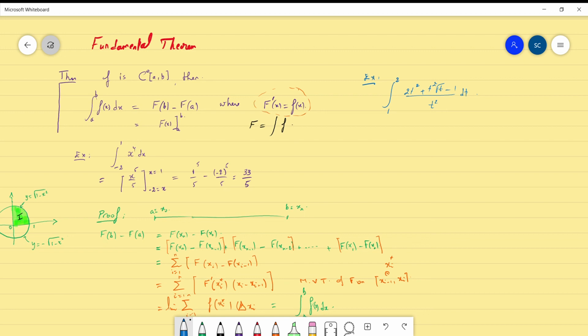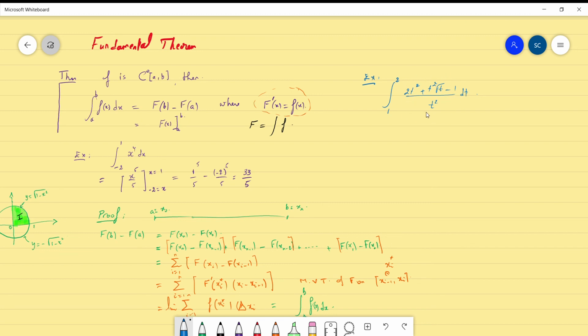So the idea is to apply the fundamental theorem and find an antiderivative, but as I see here, it's a combination of functions, a fraction with a square root. So I'm not sure I know exactly the antiderivative. I need to work on my function, try to write it differently maybe.